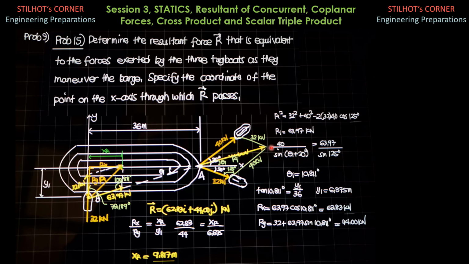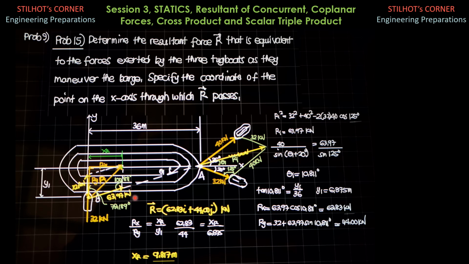Then I transmit the resultant here, put it here. So take note there are two concurrent forces, 32 kilonewtons original and 63.97 kilonewtons, the resultant of this pair of forces here. Then we draw a parallelogram. This is the main diagonal, so that's the resultant of the entire original system, R. But this time I use the component method. So Rx is 63.97 cosine of this angle.